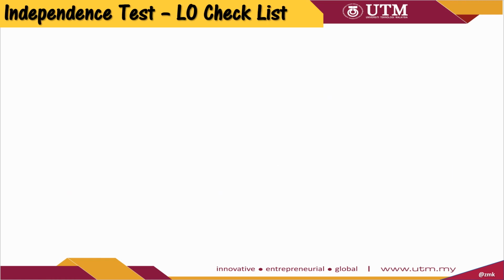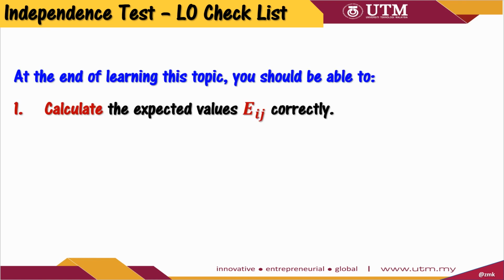I believe this independence test is quite straightforward and easy to follow. Before I end this topic, let's check on this topic's learning objectives. At the end of learning this topic, you should be able to calculate the expected values Eij for every cell in an R by C contingency table correctly.